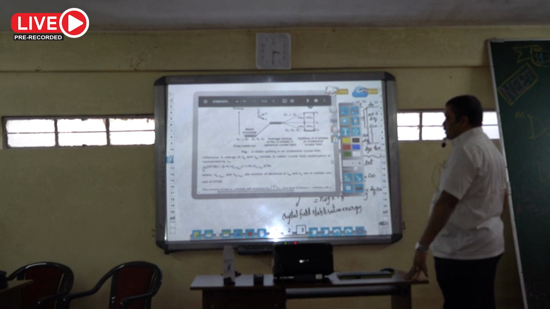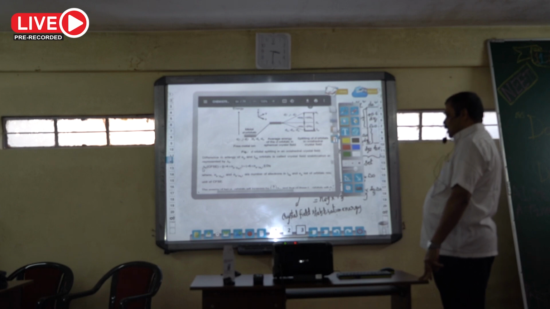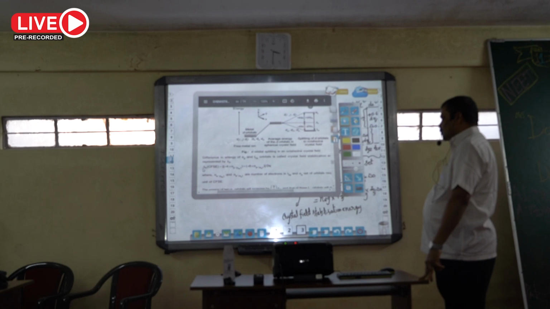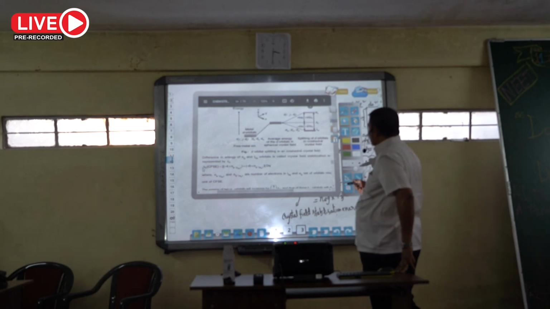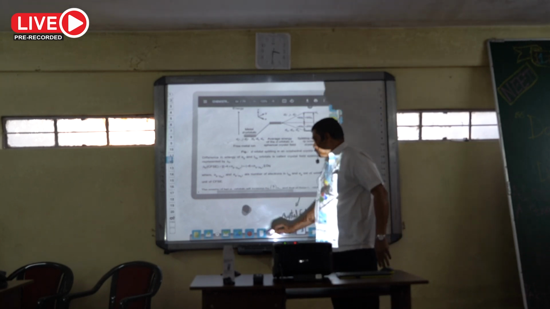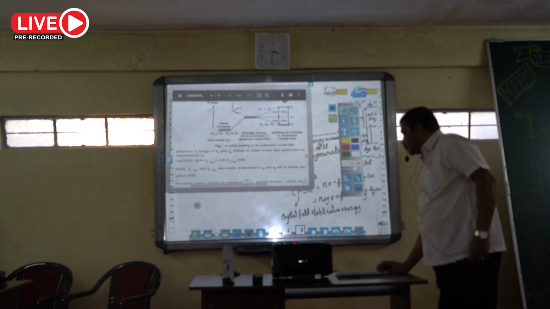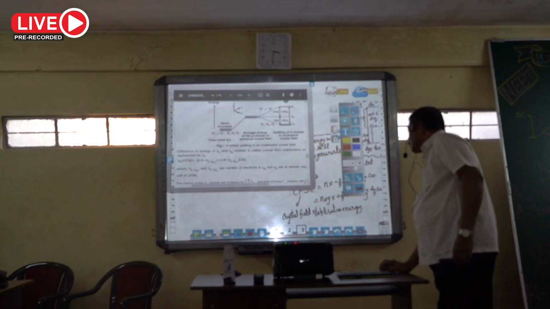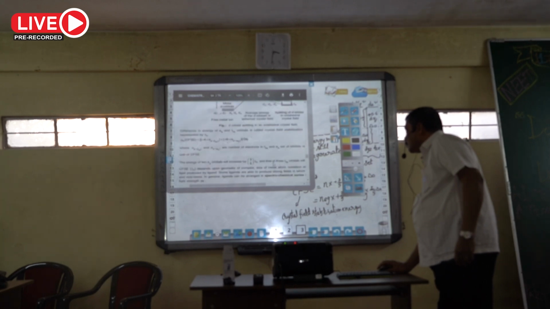Delta naught CFSE is equal to minus 4 into n electrons of T2G plus 6 into n electrons of EG, that is in the form of Dq.